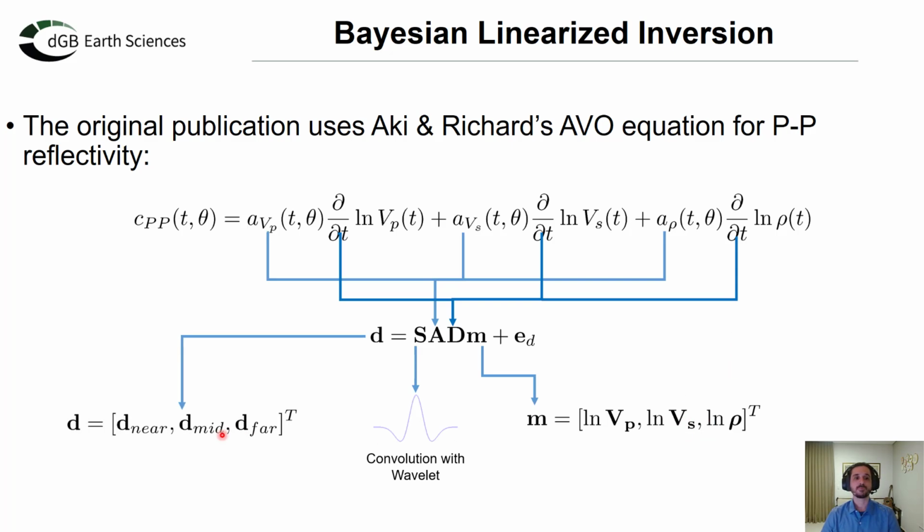And then we have the same thing for the seismic: we have all the angle stacks in the same vector, and that's how we can linearize the convolutional model and apply Bayesian linearized inversion to estimate Vp, Vs, and density.